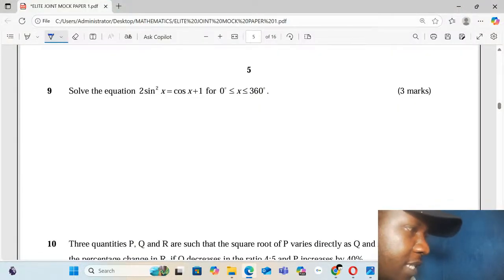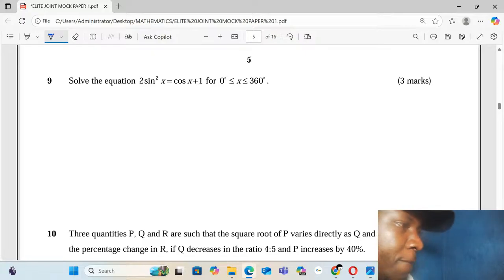We can move to question number 9. Question number 9 says, solve the equation 2 sin squared x is equal to cos x plus 1 for 0 degrees less than or equal to x less than or equal to 360 degrees. So that question now you can tackle it this way.